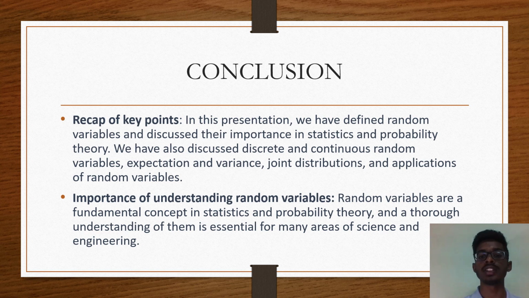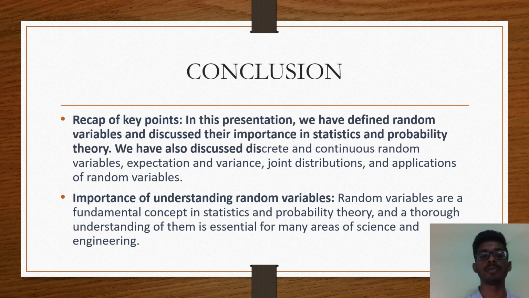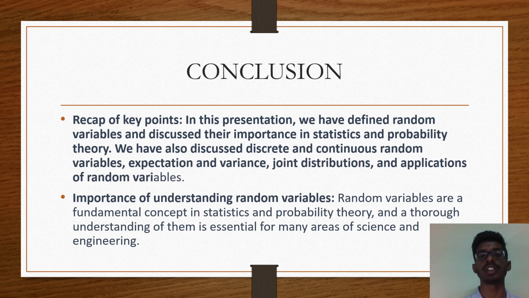We have also discussed discrete random variables and continuous random variables, their usage, and which categories they fall into, such as normal distribution, binomial distribution, gamma distribution, etc. We also covered expectation and variance, for calculating the standard deviation and mean of a given distribution, and joint distributions, which include the combined features of discrete random variables and continuous random variables, and some real-time applications and theoretical applications of random variables.